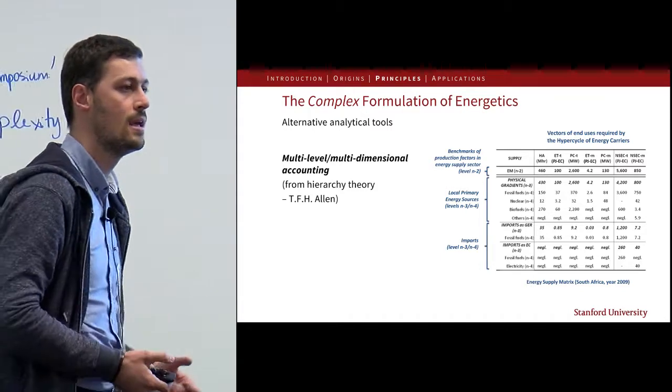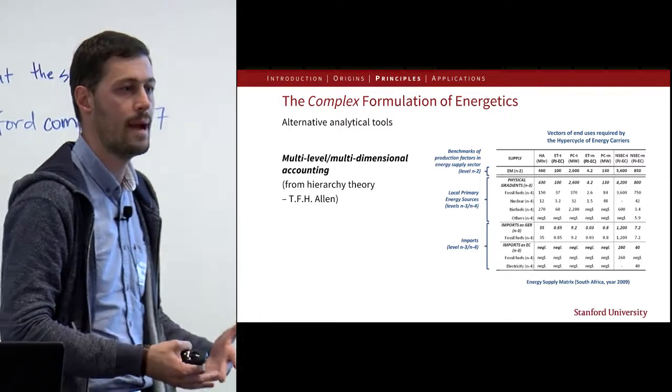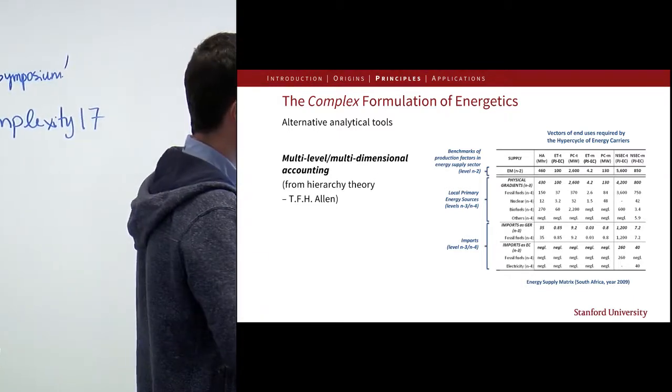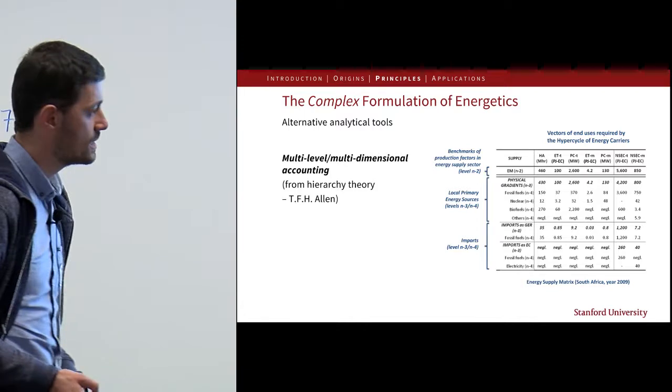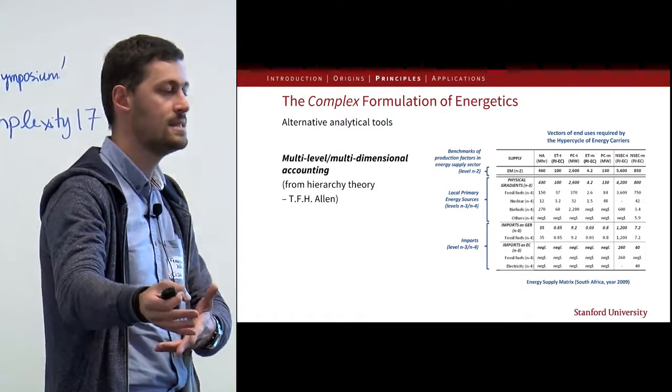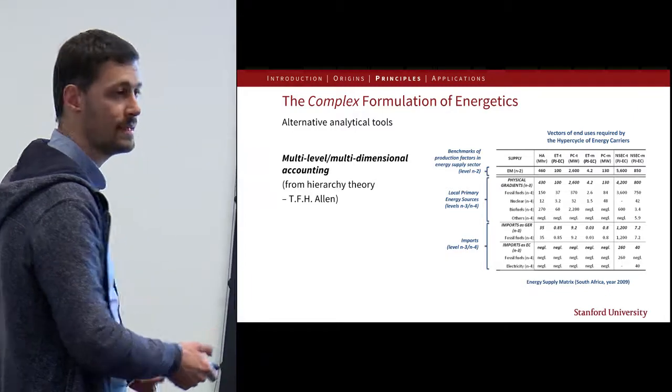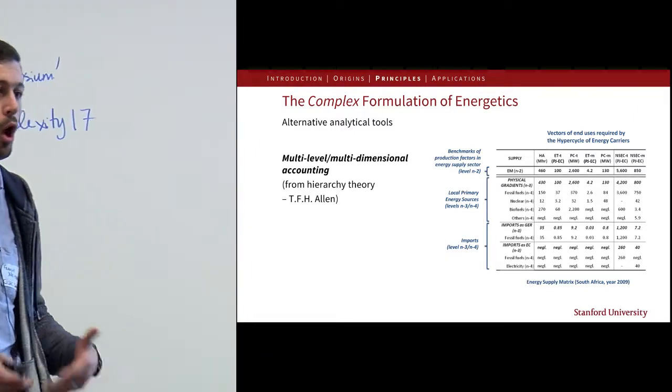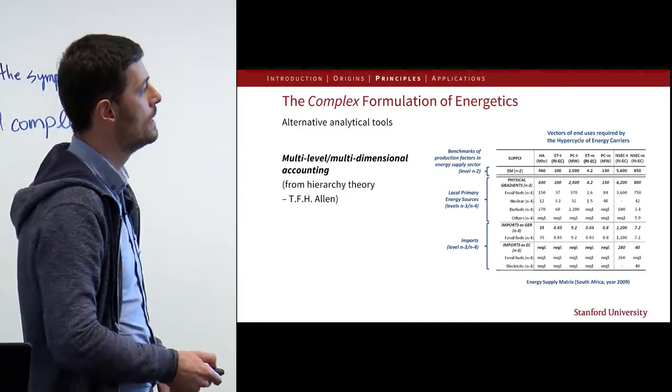Physical gradients, that are the local supply sources here, and the imports, imported as fuel for making electricity mainly, or the direct import of electricity or already refined fuel, for instance.